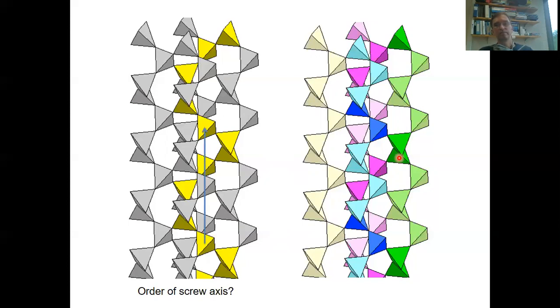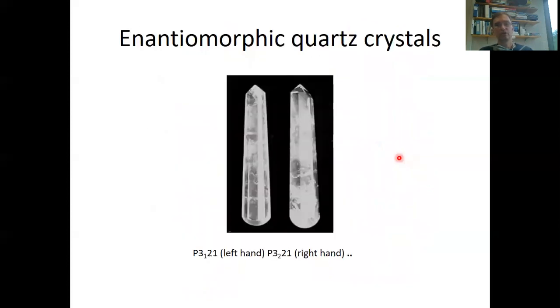Okay, so as I mentioned previously, the presence of chiral screw axes in the crystal gives rise to what is called enantiomorphism.